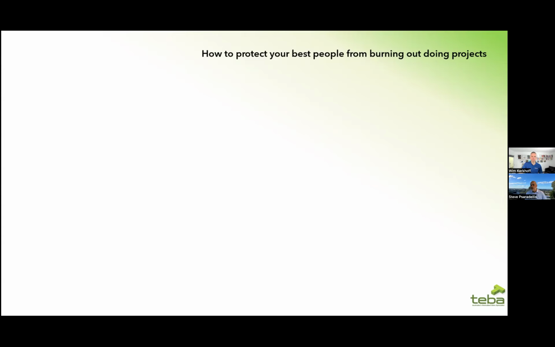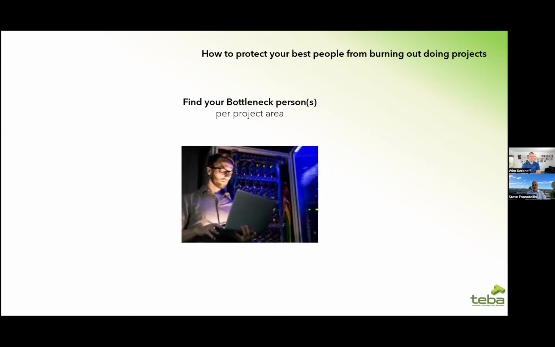So how do we protect our people from burning out, our best people from burning out? Well, the first thing we're going to do is find what we call our bottleneck person or persons per project area. Now, we all know it. There's usually a person per subject that is the expert in our organization, maybe a couple. And whenever it hits the fan, we go to them.